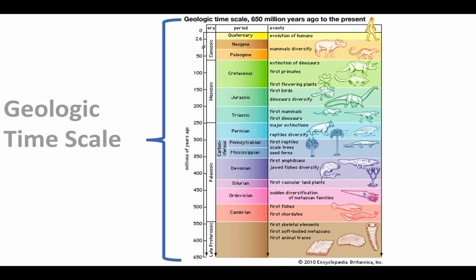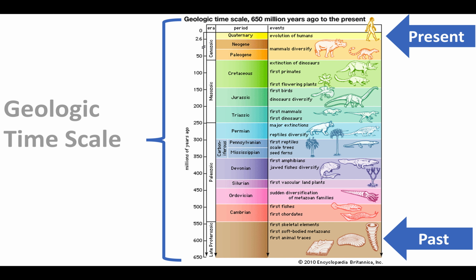The geologic timescale is something that we use to mark time periods in the past, and these time periods are specifically based on the life that existed at that time. Just like rock layers, these diagrams are structured so that the past is near the bottom of the diagram, and the most recent, the present, is near the top.